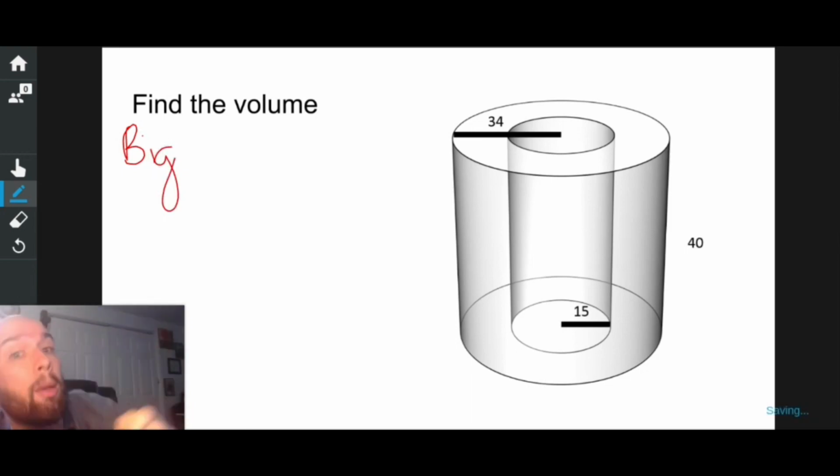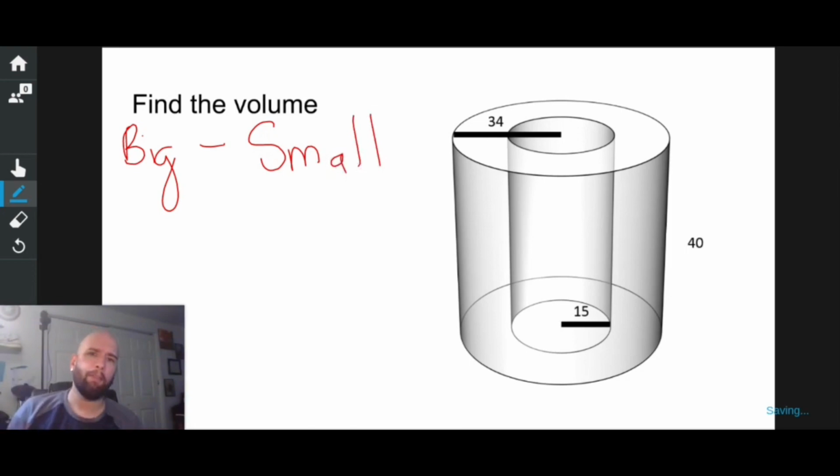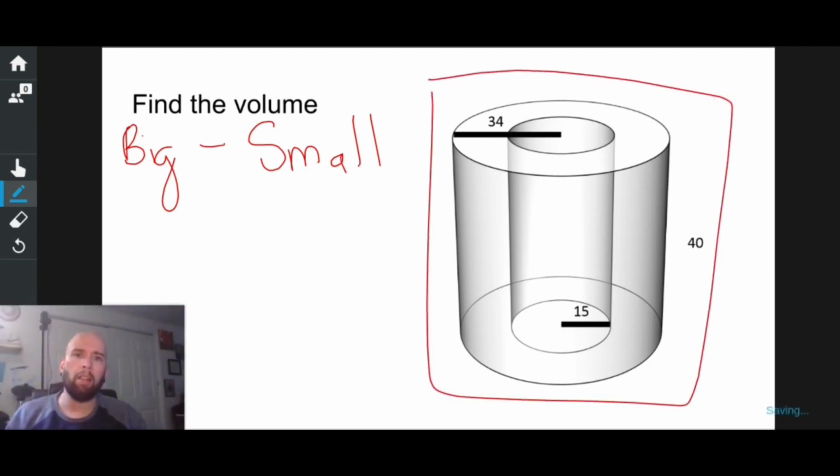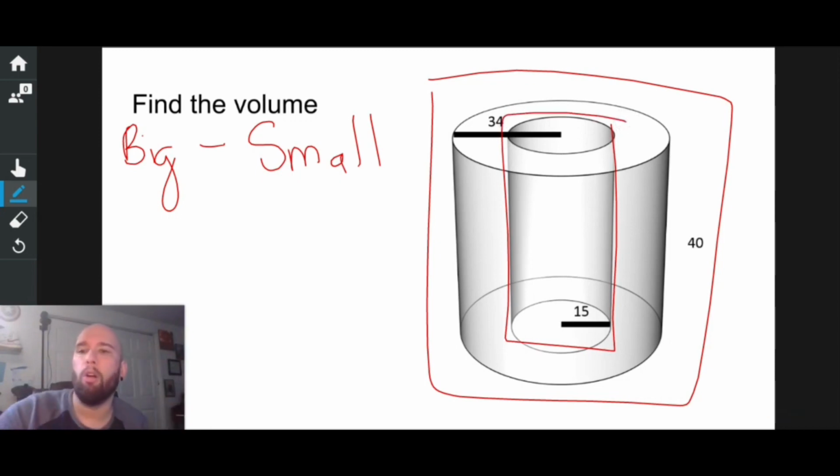The whole thing would be the big cylinder, and I have to subtract out the small cylinder. Whenever you are removing information, and that's what I'm doing, I'm literally reaching inside this huge can. This is what I mean by the whole thing. Pretend that that whole thing is solid. Now I'm removing that chunk from it. So I have to find the whole thing, subtract that small chunk.